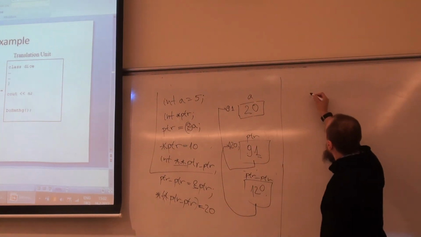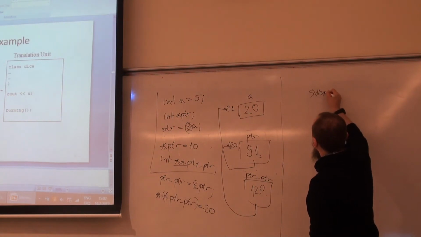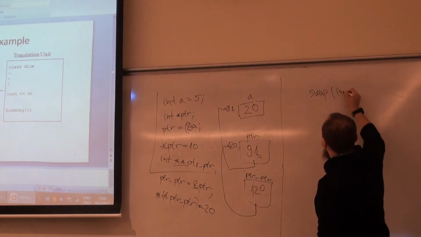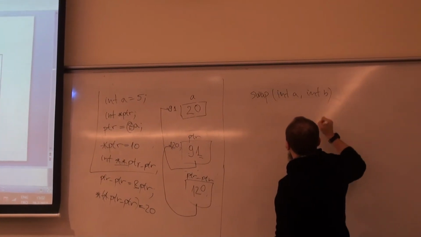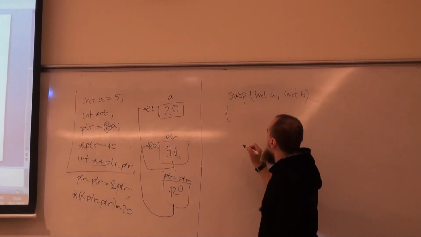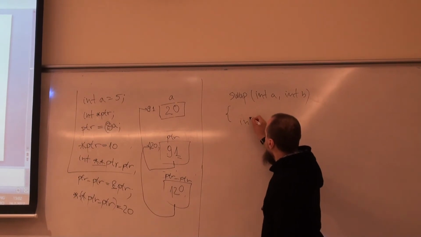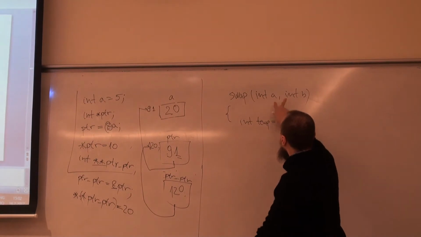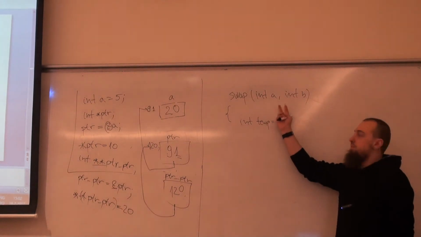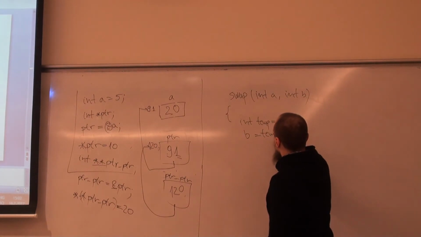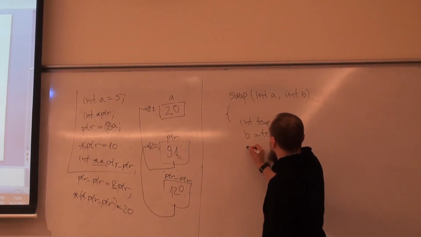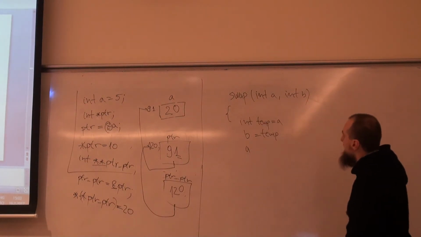Let's say that I have the swap function. I have an integer A, an integer B, and this is how it works. I defined another integer, temp, it's equal to A. I want to swap values of A and B. B is equal to temp, and A, am I doing it right?